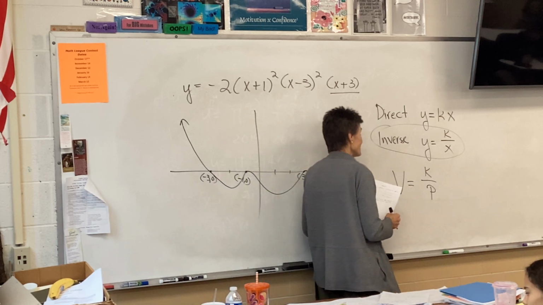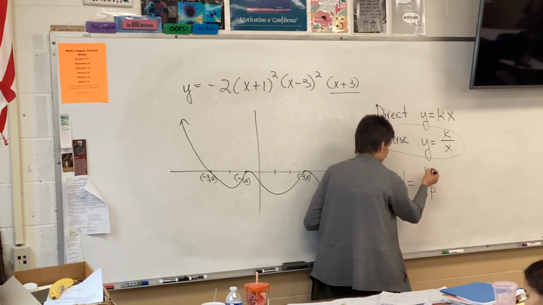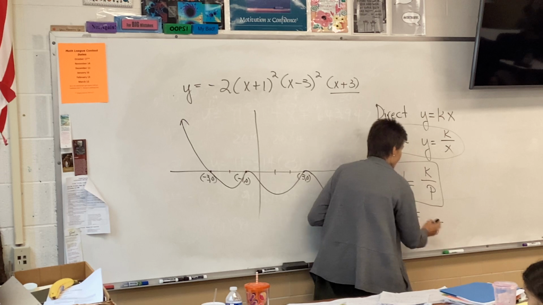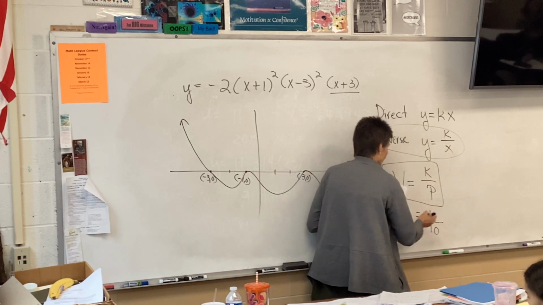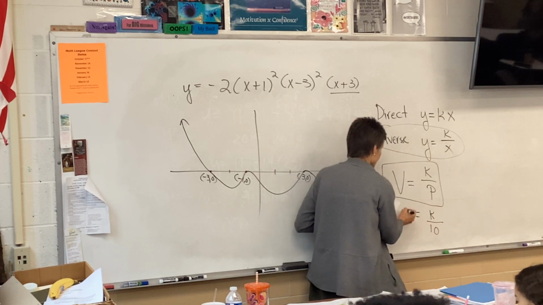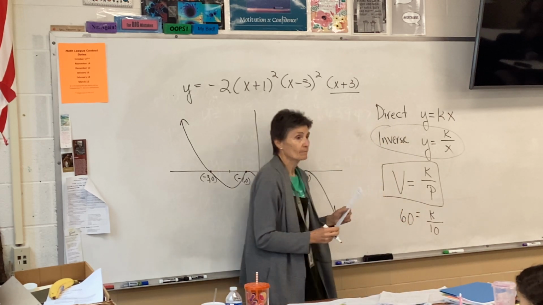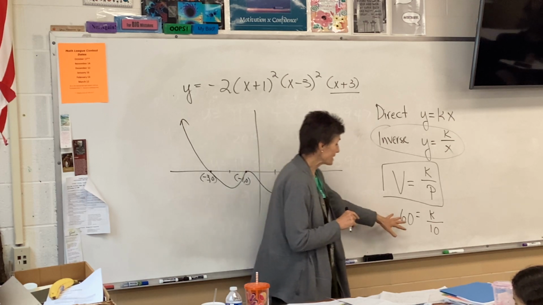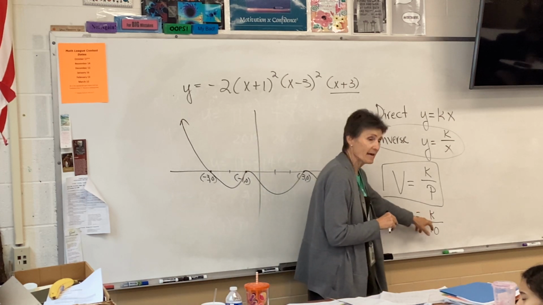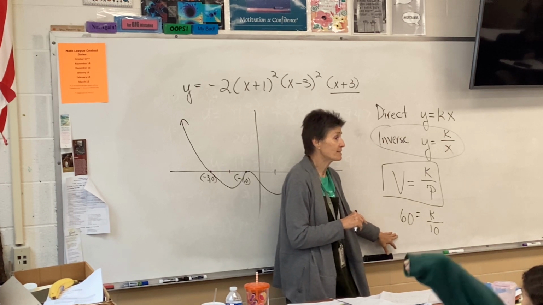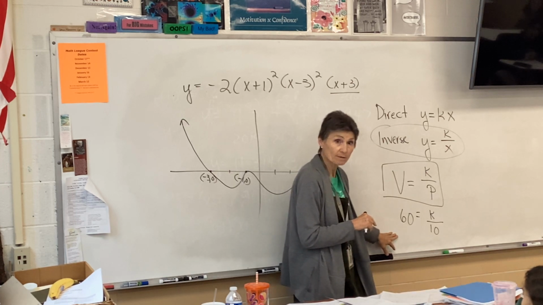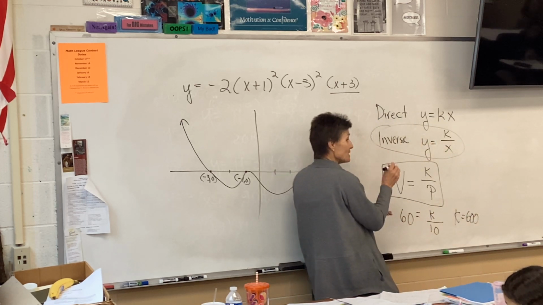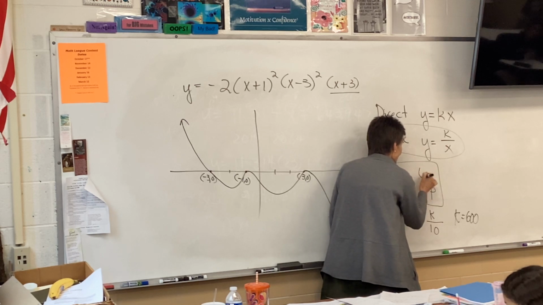When pressure is 10, so this is our equation now, when pressure is 10, the volume is 60. Now, slow down your brains. What does that tell me? If 60 equals K over 10, then K must equal 600? Which means in this problem, K is 600.